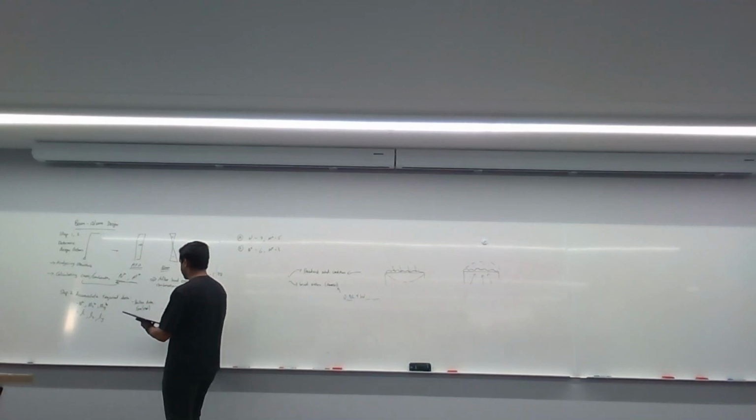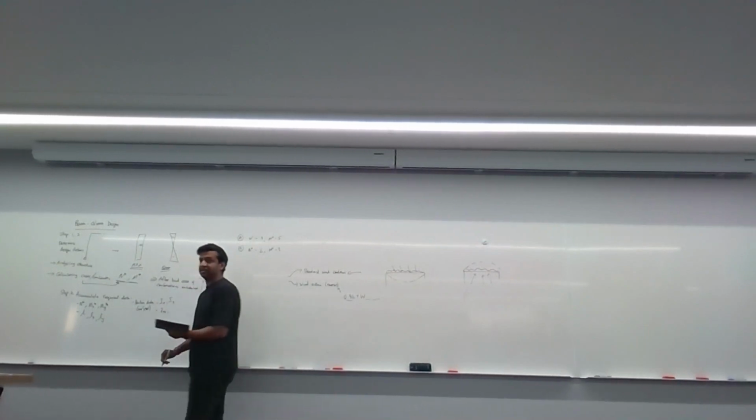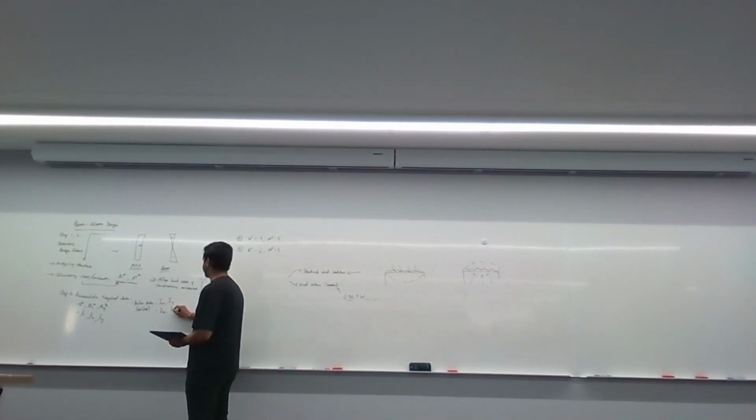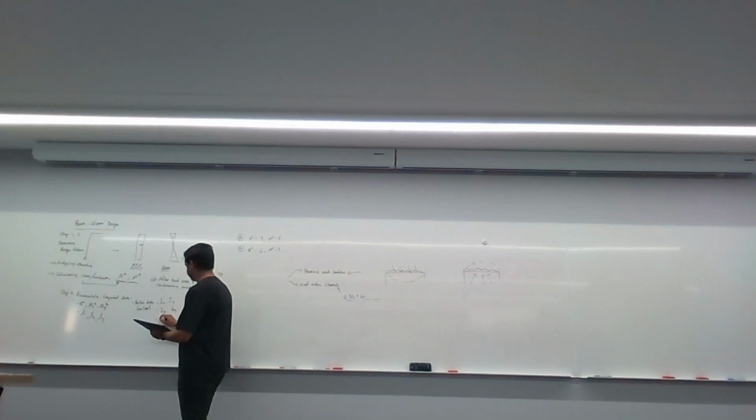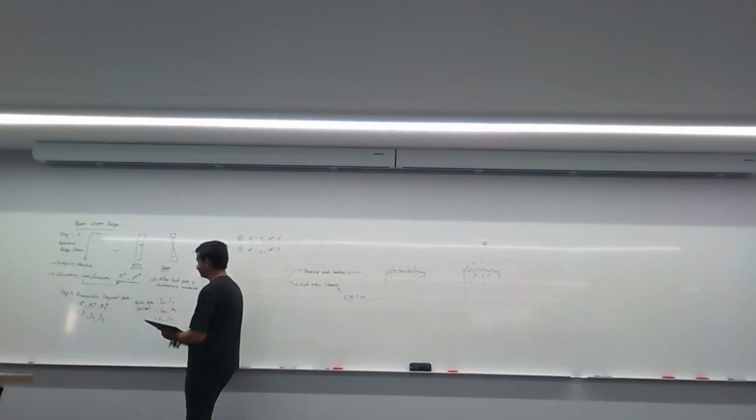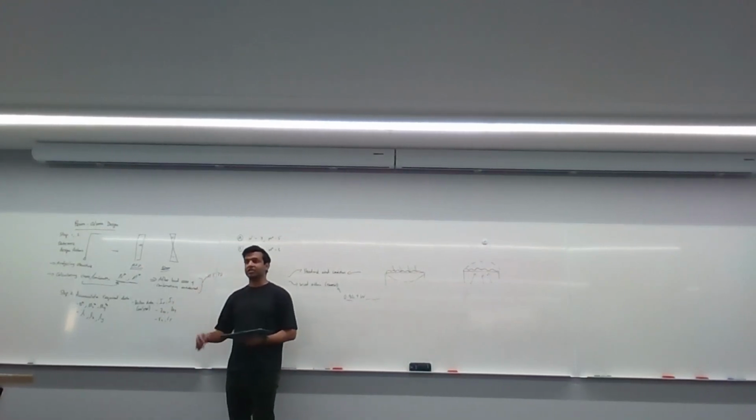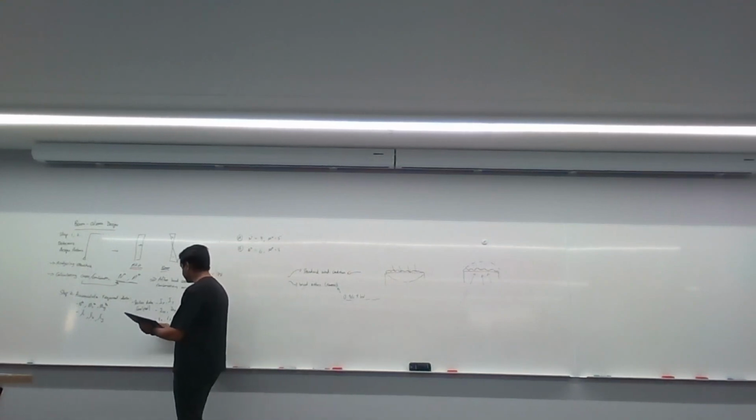Okay, the section data that you'll need: Ix, Iy, you will need Z effective in the X direction, Z effective in the Y direction, the radius of gyration in both directions, rx and ry. And you need An, kf, J, and Iw.